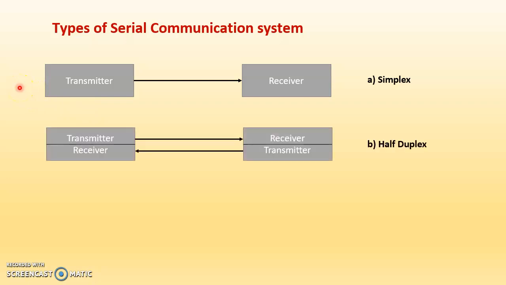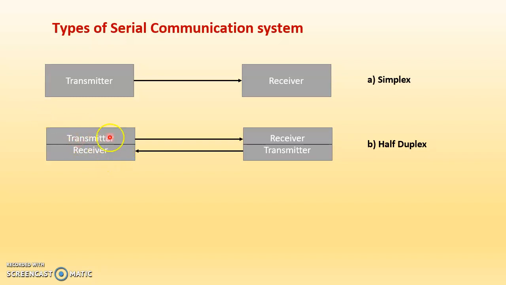Now the second is the half duplex form. There are two lines, one from this transmitter to receiver, the second from this transmitter to receiver. That means suppose this point is A and this point is B, there will be two-way communication. So we can send data from A to B and we can send data again from B to A, but there is only one-way communication at a time.